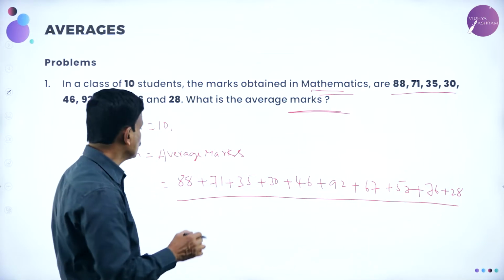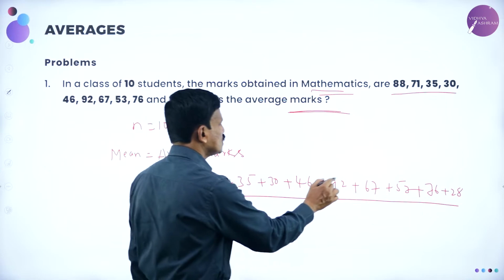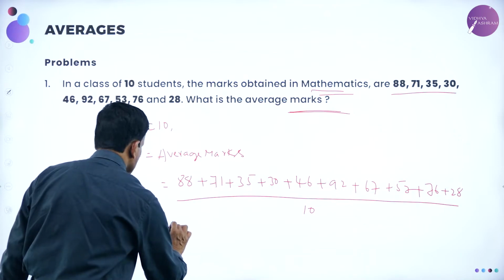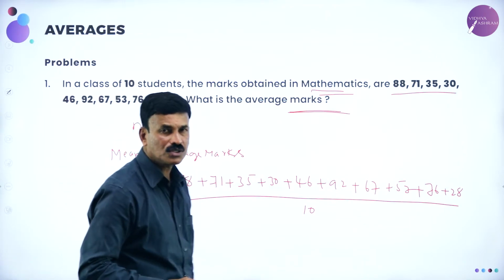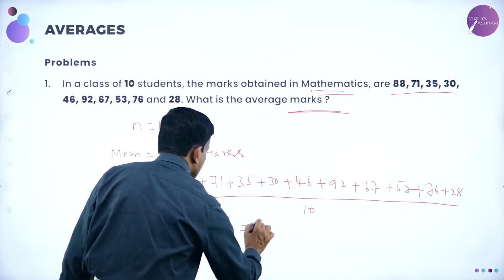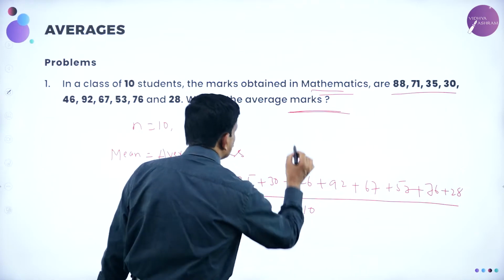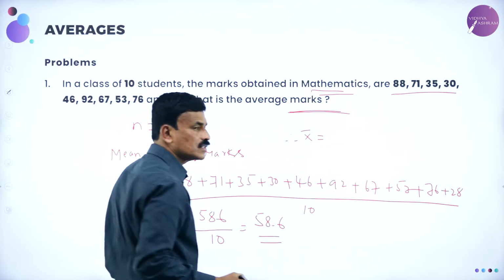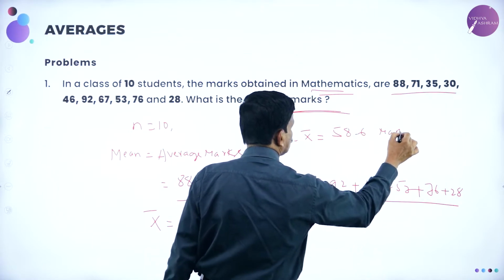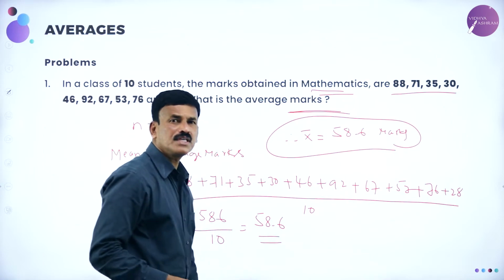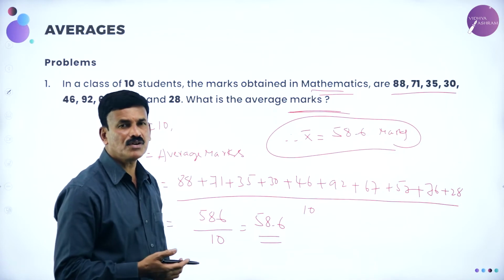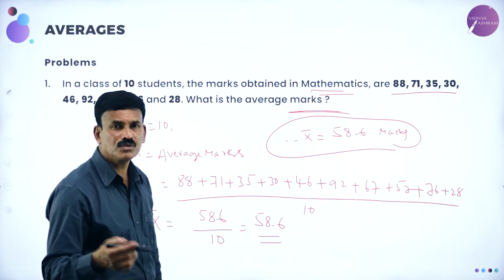If you add this, you get 586 divided by 10, which is 58.6. So, the mean x bar is 58.6 marks. Just add all the quantities and divide by the number of quantities, 10, to get the answer. Hope you followed. Very simple.